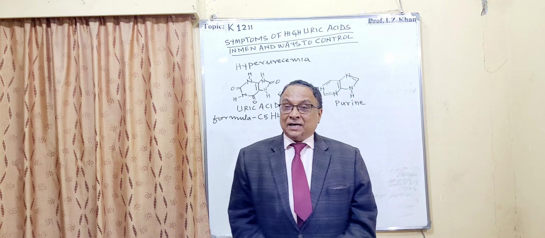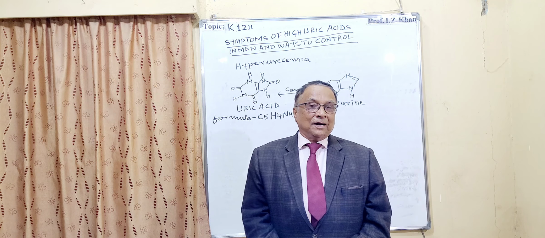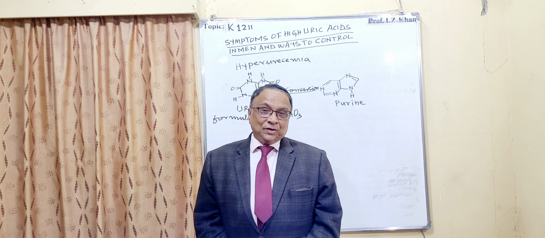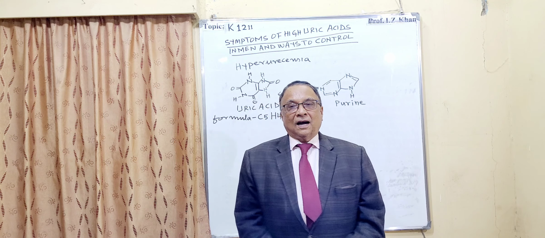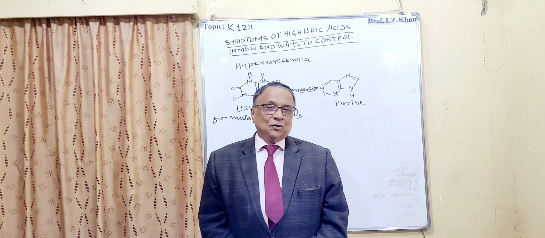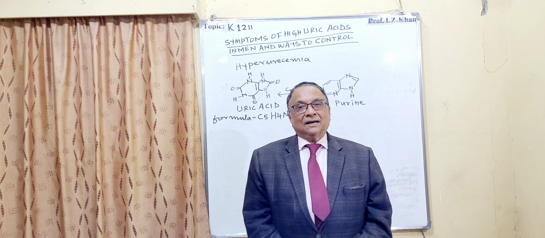So here we have to identify the type of food which are rich in uric acid, and the other one which is almost free or nil in purine.